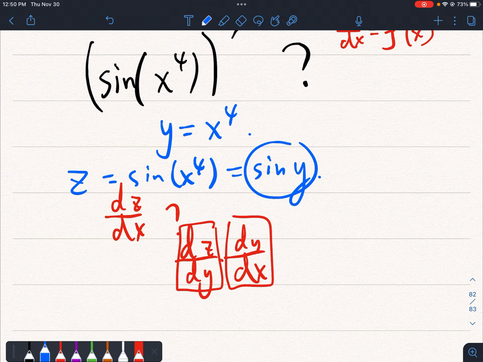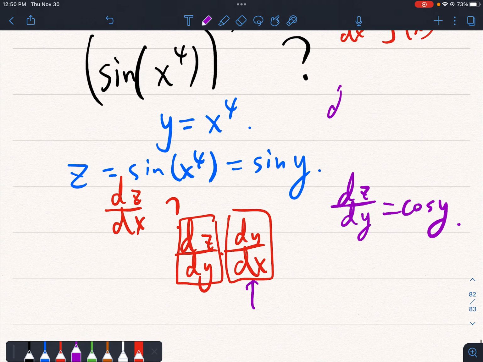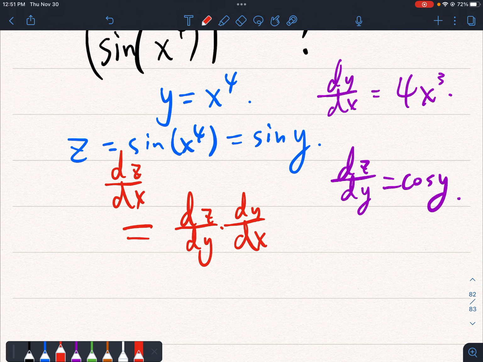And it makes sense because, now I made a typo, it should be sine of y. Because z is sine of y, dz over dy, which is the derivative of z with respect to y, should be cos of y. And also don't forget this term, dy over dx. We know that dy over dx, the derivative of x to the power 4 with respect to x, is 4 times x cubed.